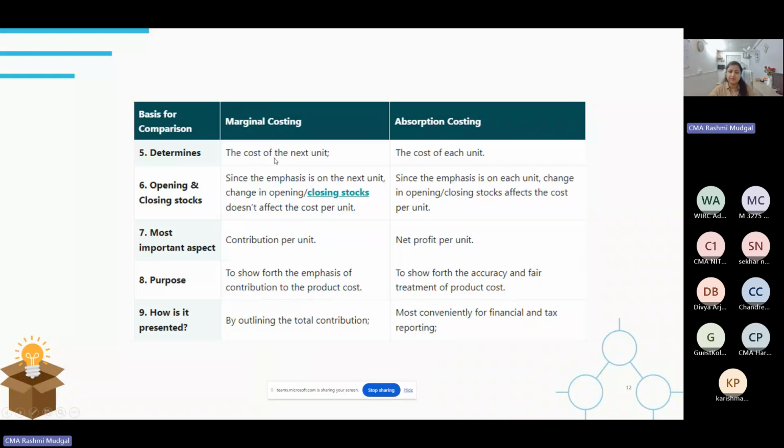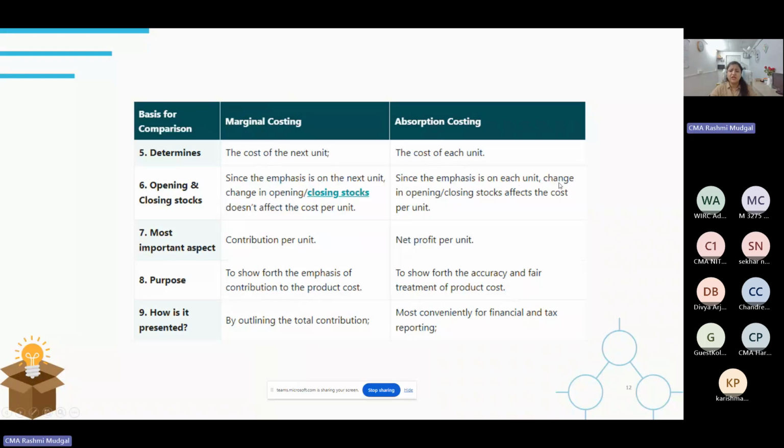That is the motive of marginal costing. But in absorption costing, we divide by the cost of production, so we can get the cost of each unit. Opening and closing stock doesn't affect the cost per unit in marginal costing.